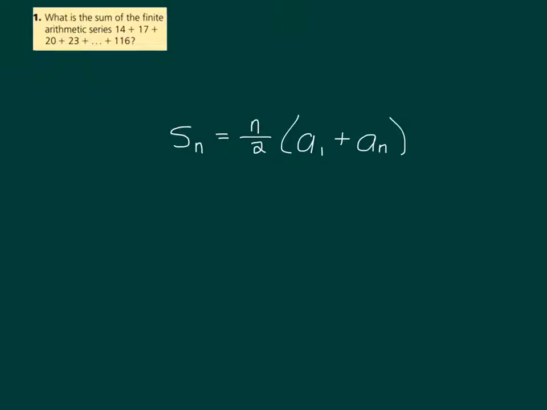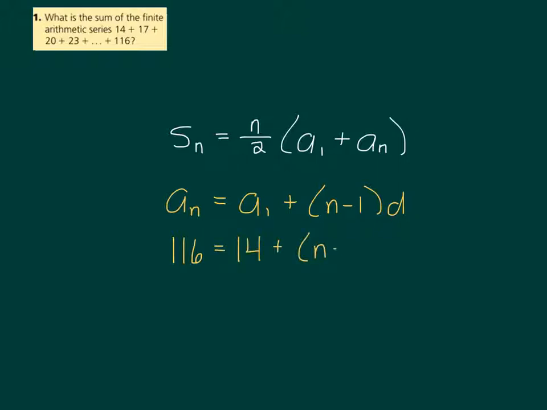How are we going to do that? We're going to use the formula we have for the nth term of an arithmetic sequence, which was this one. The nth term is the first term plus n minus 1 times the common difference. In that formula, we know that the nth term is 116. We know that the first term is 14. We do not know n, that's what we're trying to solve, but we know that the common difference is 3.